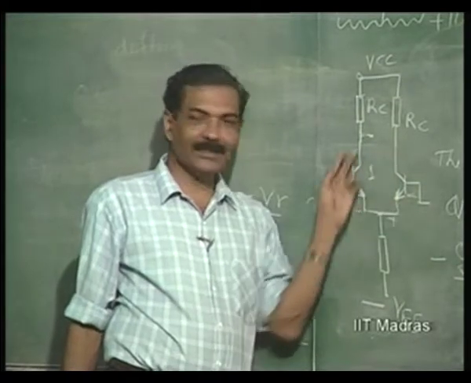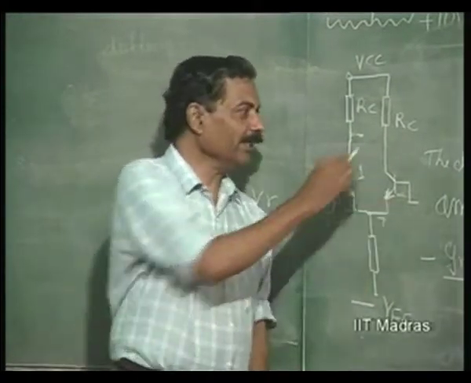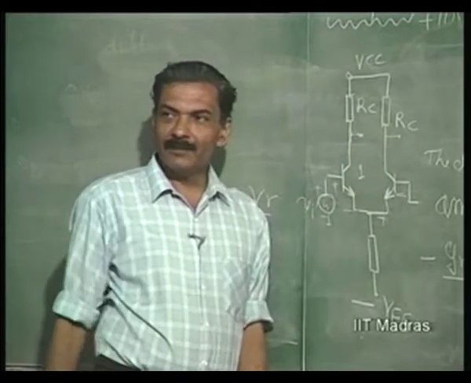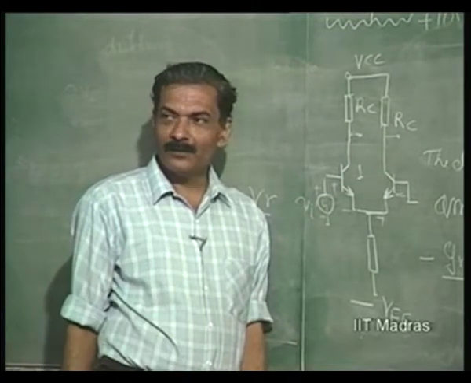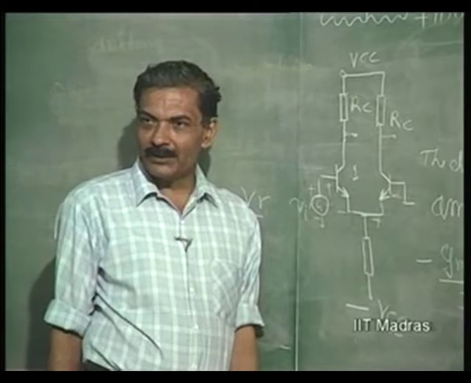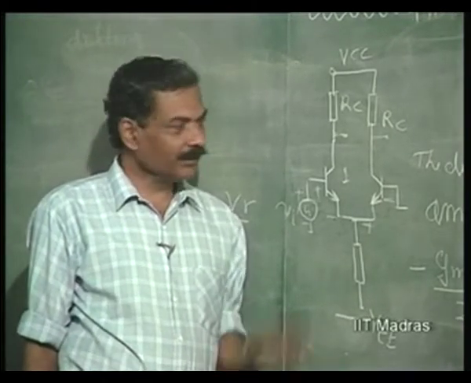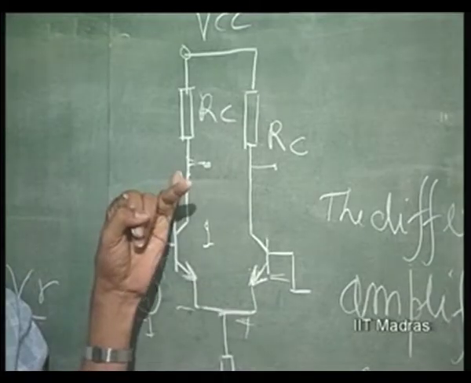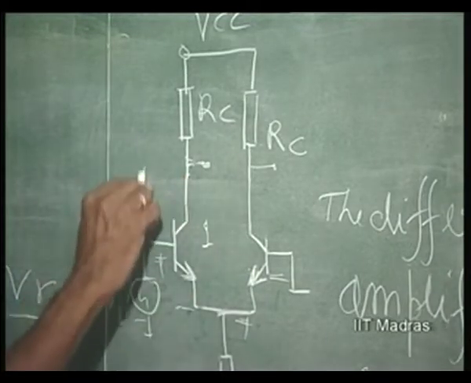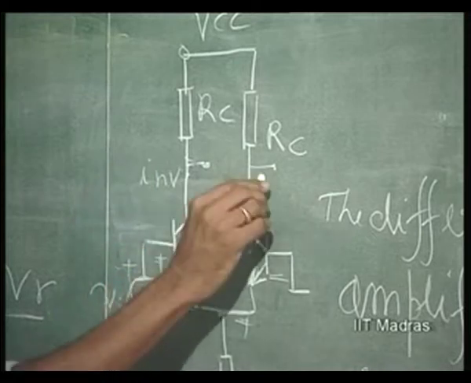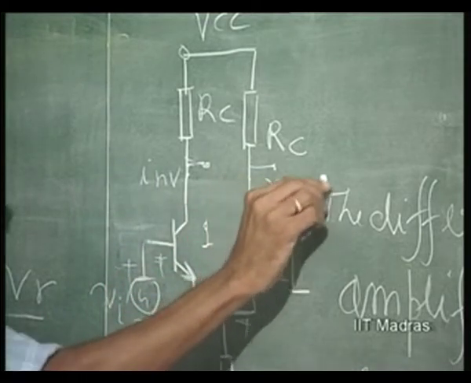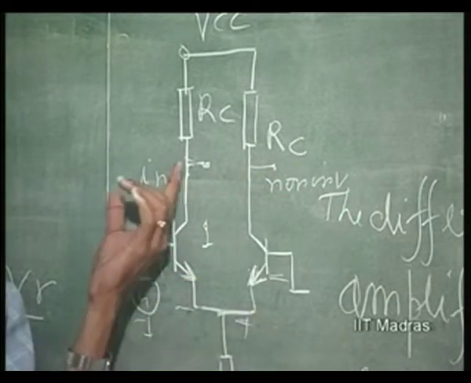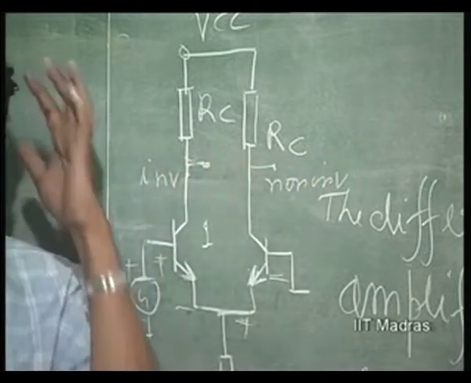So, instead of just forgetting about this, I can take the output from here also, which will give me an output of Gm Rc by 2 into Vi. This is Gm Rc by 2, but minus. Therefore, this is giving me the inverting output, and this is giving me the non-inverting output.